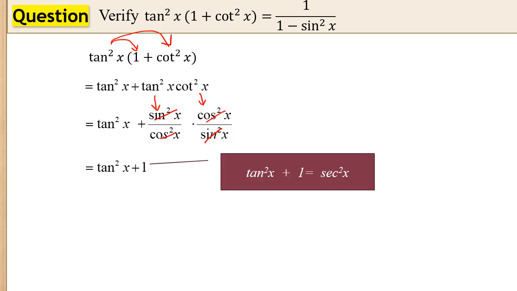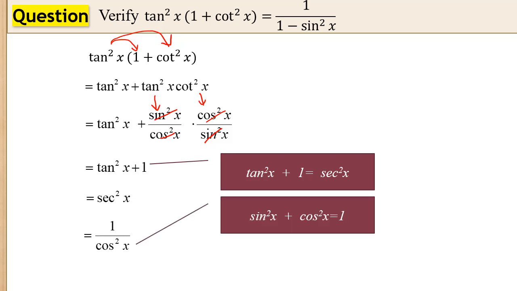Since from the Pythagorean identity, tangent squared x plus 1 is equivalent to secant squared x, we will have secant squared x here. We change the secant squared x to 1 over cosine squared x, and from the Pythagorean identity, cosine squared x is equivalent to 1 minus sine squared x. So we have shown the expression.